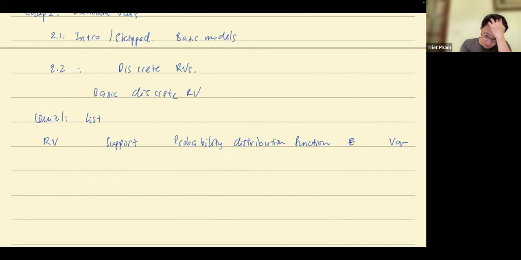All right. So let's see. Can anyone tell me one of the random variables here and the relevant information?